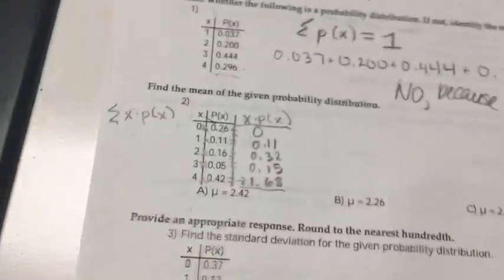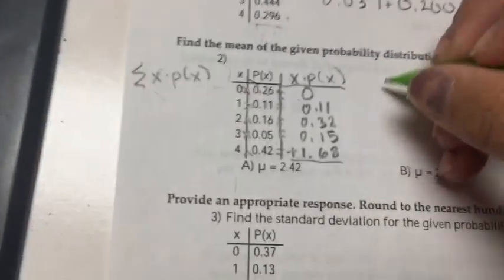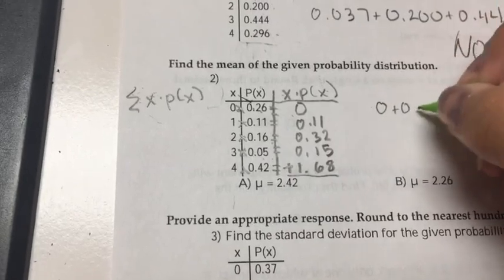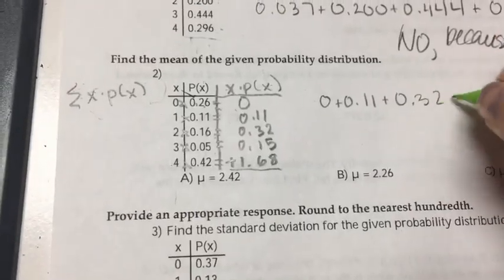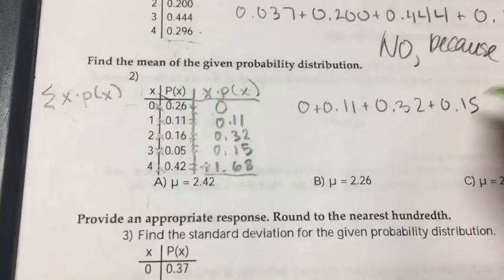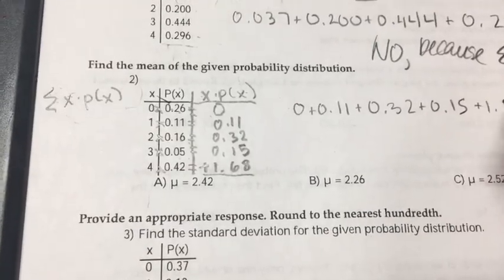So you're going to do 0 plus 0.11 plus 0.32 plus 0.15 plus 1.68.